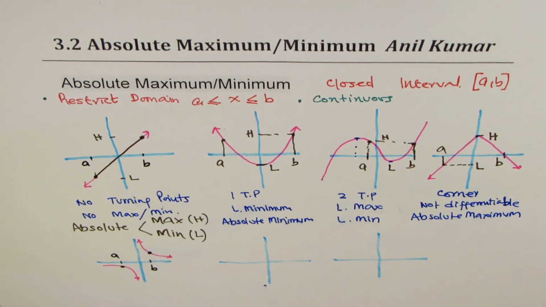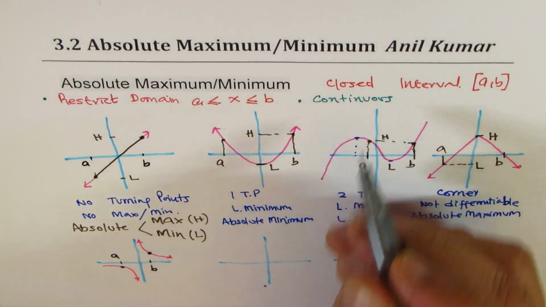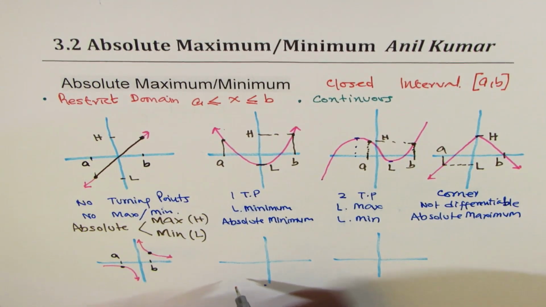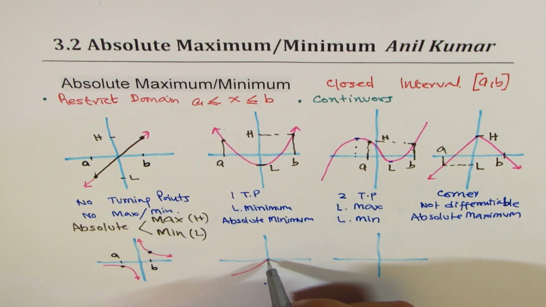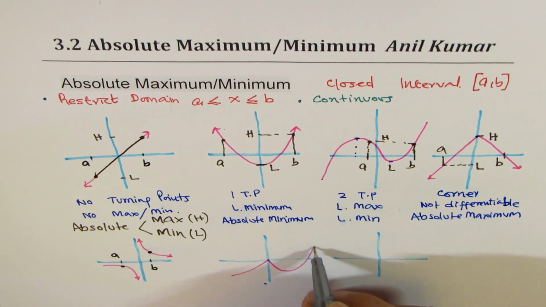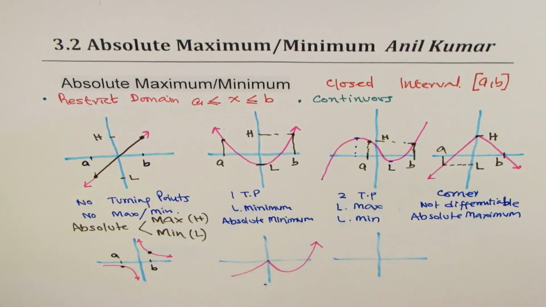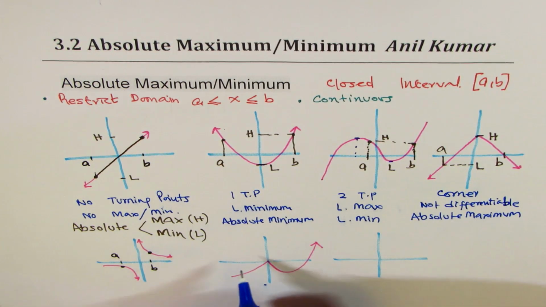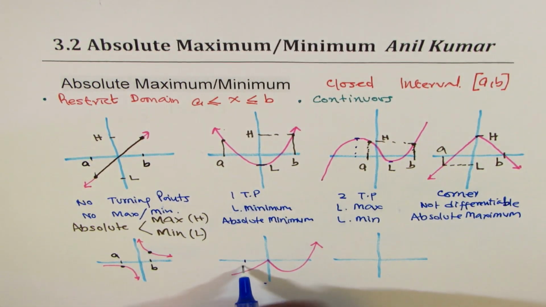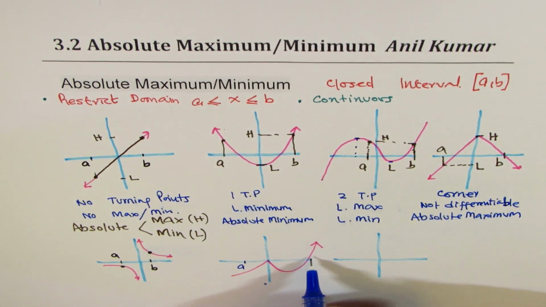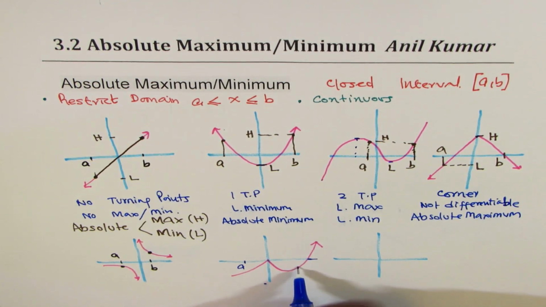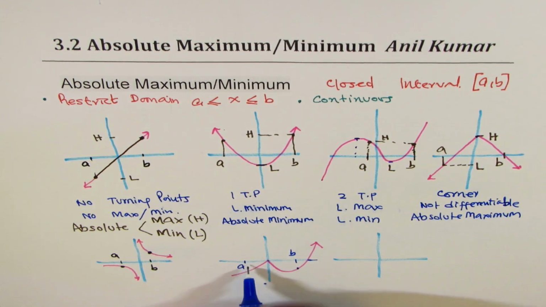Now in some books we are referring to functions to be differentiable rather than this, but as you can see there are so many examples. If I have a curve like this, for example, right? Now in this curve, if I restrict my values of A and B, let us say A and B here, in that case, you do find that we have the lowest value and we do have the highest value.